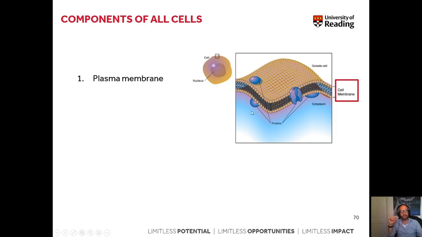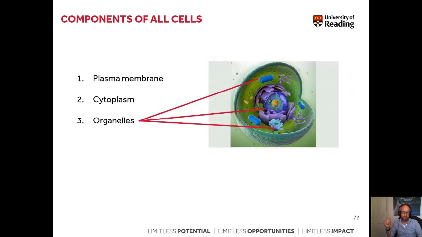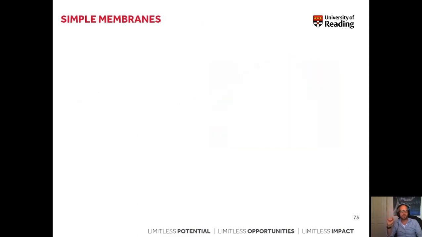So we have a lipid bilayer, and we also have some proteins that span the plasma membrane. The second essential component of the cell is the cytoplasm. And also all cells do possess organelles.